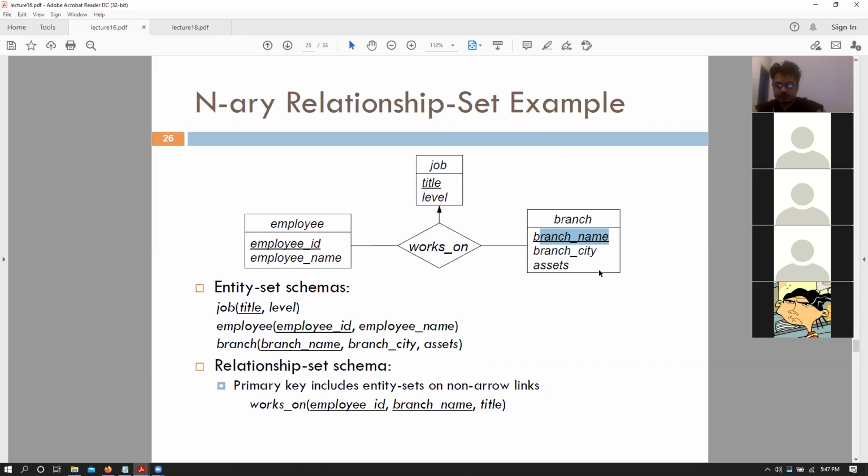So can someone tell me, do we have any weak entity sets in this diagram? Remember that a weak entity set is one that contains an attribute that is sort of like a primary key, but that requires other entity sets to be combined with it to be an actual true primary key.